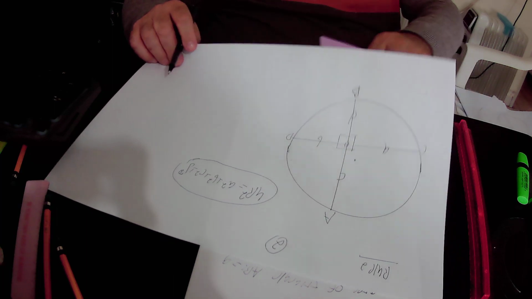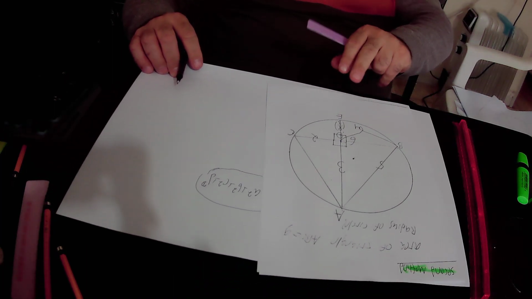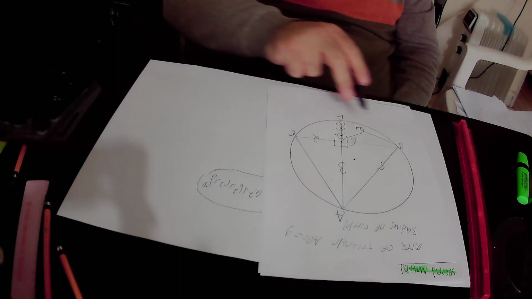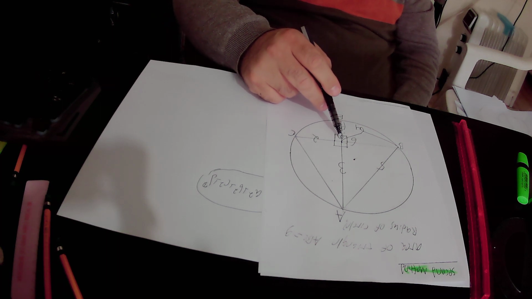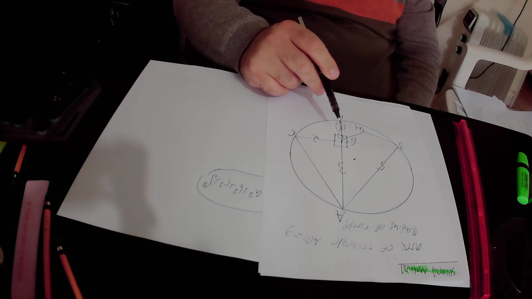We actually can implement rule number 2 in our drawing, because in our drawing we have chord AE that intersects with chord BC at 90 degrees. All the angles around point D, around the intersection point, are equal to 90 degrees. Therefore, we can implement rule number 2 in our drawing.